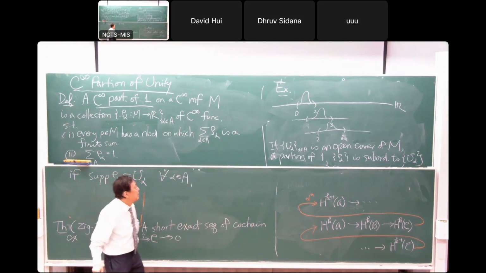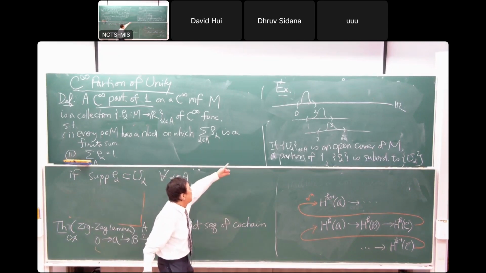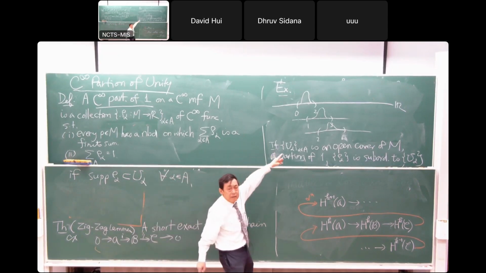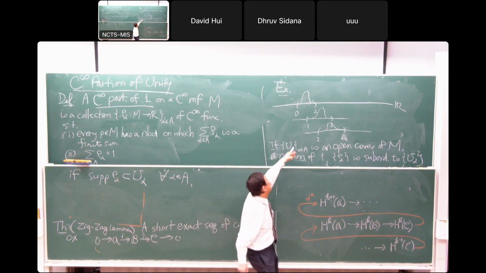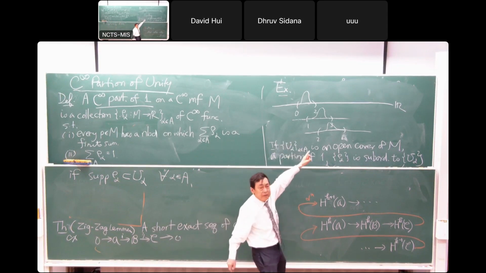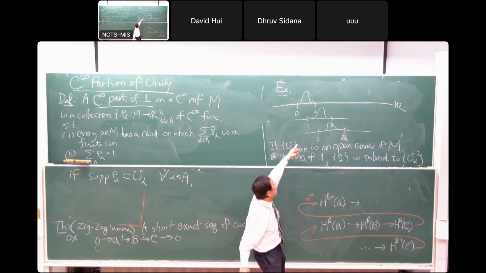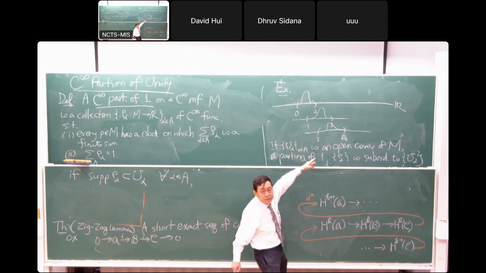Okay. So in this example, I can let the open cover be these open intervals. And then that's an example of a partition of unity that's subordinate to the open cover.